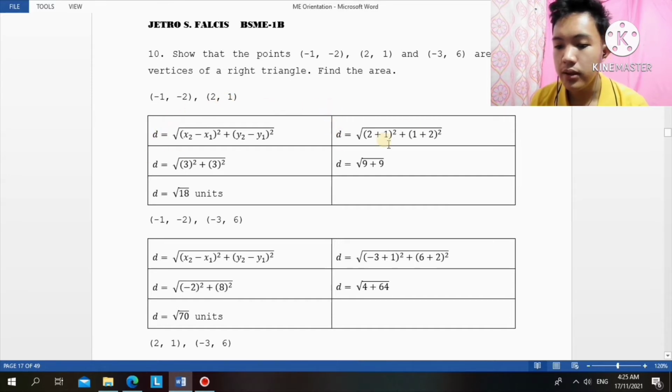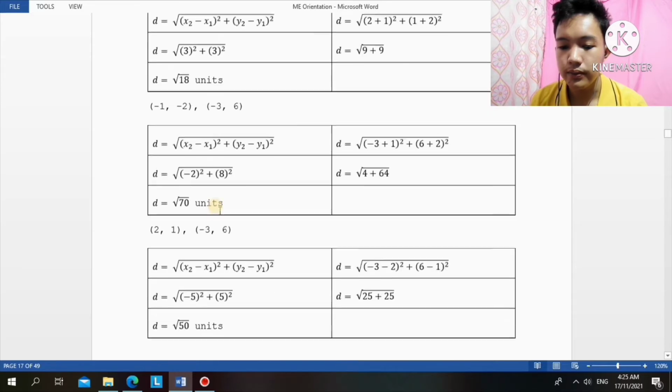Our equation will be distance is equal to the square root of 2 plus 1 squared plus 1 plus 2 squared. So 2 plus 1 is equal to 3, and 1 plus 2 is equal to 3. So 3 raised to 2 is equal to 9, and 3 raised to 2 is equal to 9. So 9 plus 9 is equal to 18. So our first distance is equal to the square root of 18 units.